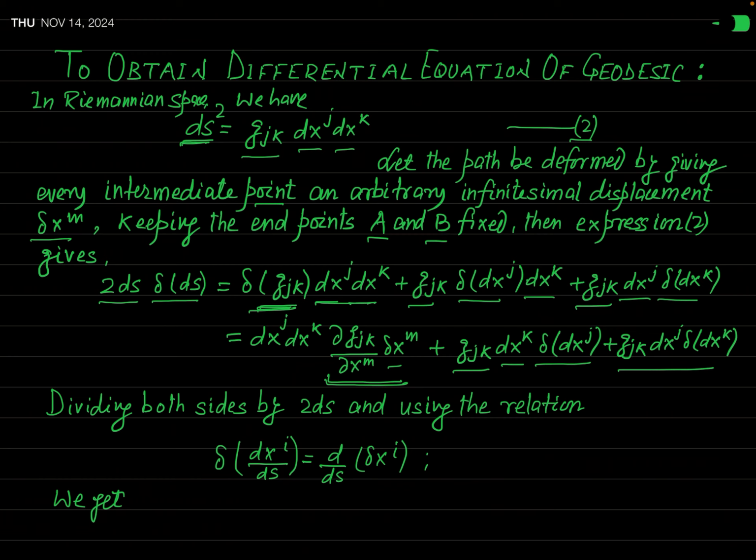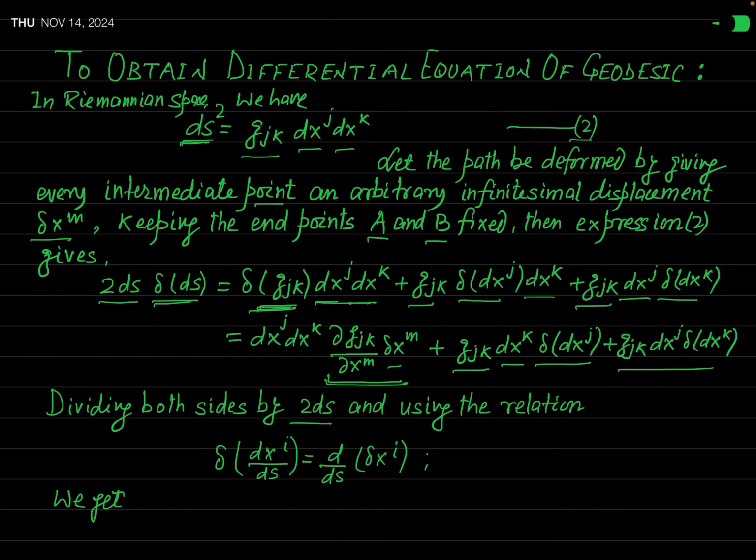Now we have to actually find the value of this delta ds. For this we have to divide this result by 2 times ds on both sides. So let us divide this expression on both sides by 2 times ds.